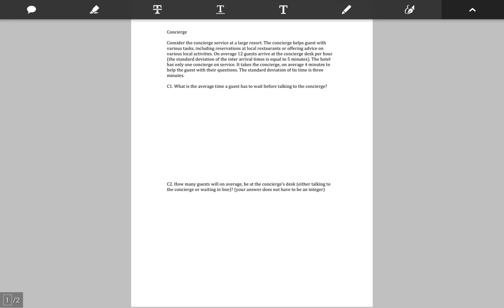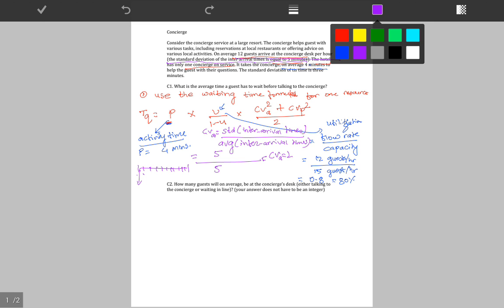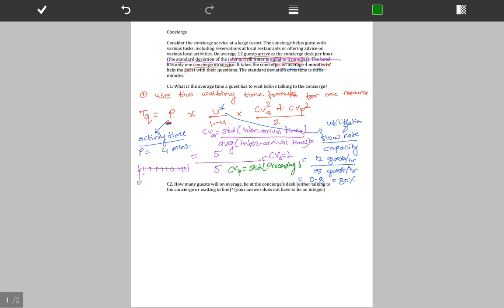What is CVP? CVP is nothing but, again, the standard deviation of processing time divided by the average or the mean of processing time.